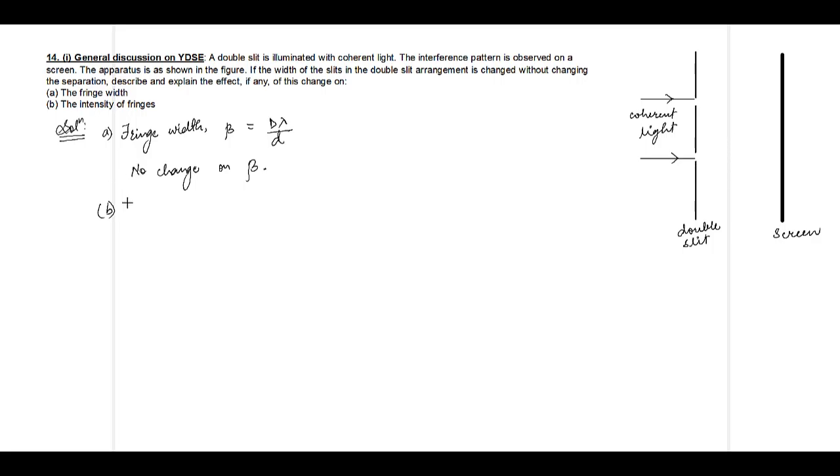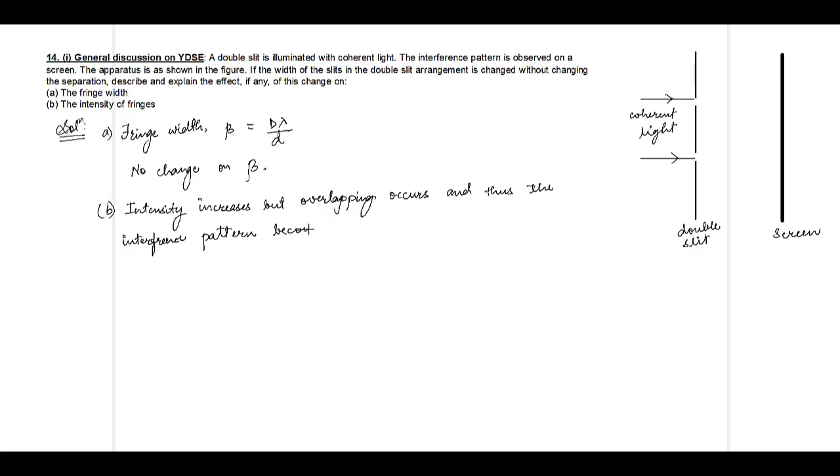So the effect is that intensity increases, but overlapping occurs, and thus the interference pattern becomes blur. So we cannot clearly distinguish between the two different fringes.